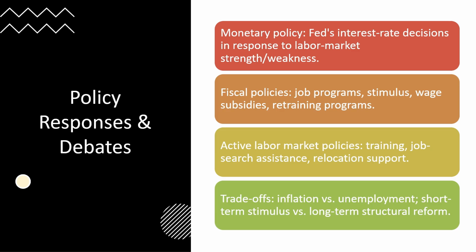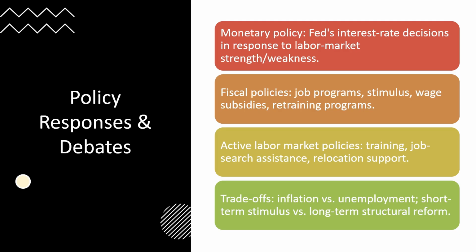So that's one tool that the Federal Reserve can use to help with high unemployment. Again, they also have to look at other factors before they actually do lower interest rates. But this is a tool that can be helpful.